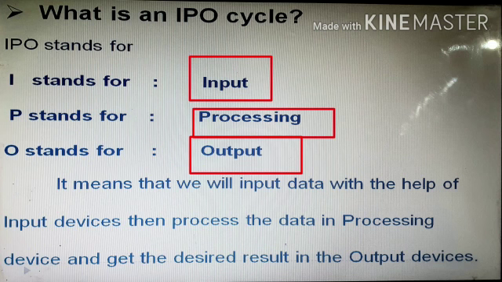It means that all the processing is happening inside the CPU. Input we are getting with the help of input devices, output we are getting with the help of output devices, and the processing is happening inside the CPU. So that's why it is called an IPO cycle.